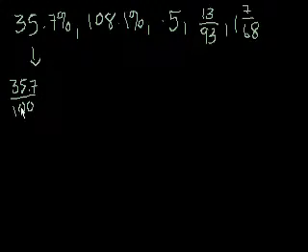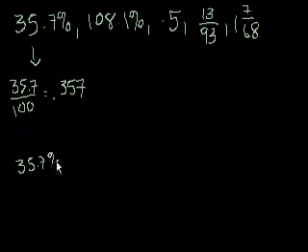So 35.7 over 100 equals 0.357. Another way to think about it is to get rid of the percent sign and move the decimal to the left 2 spaces, and it becomes 0.357.